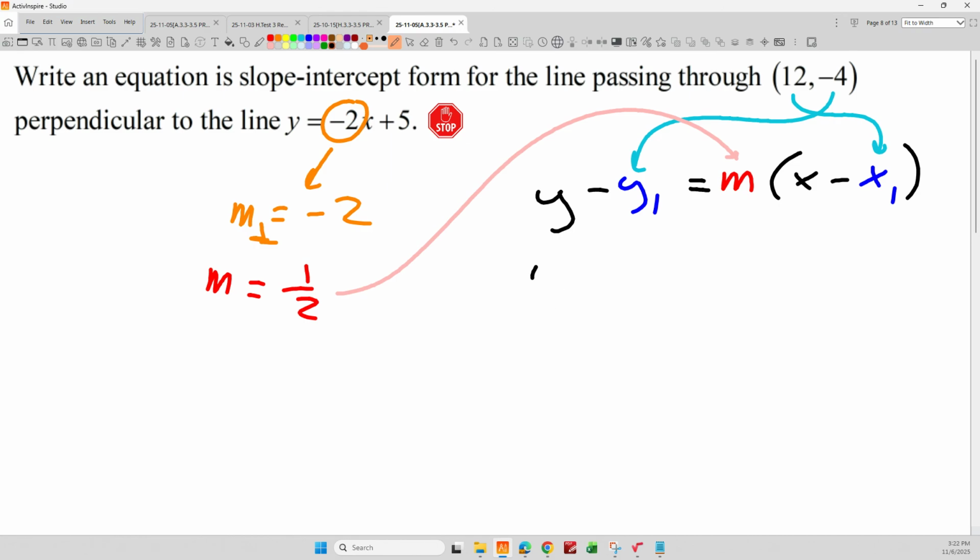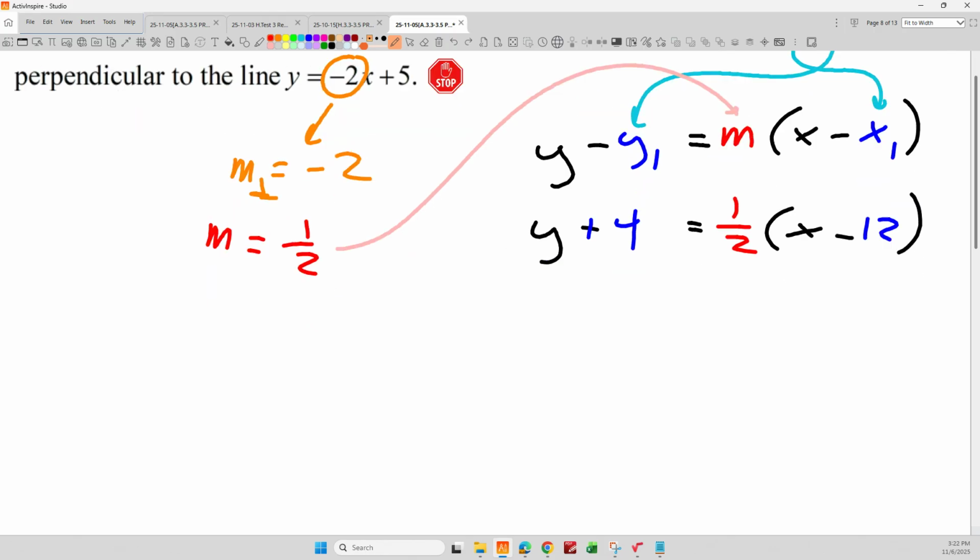And so we just get y minus -4, so that's y plus 4. Over here I've got x minus 12, and my slope is 1/2. From there it's smooth sailing, right?